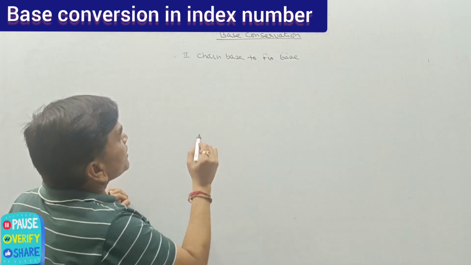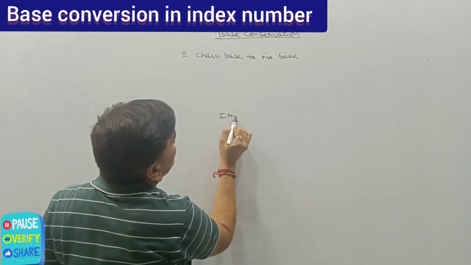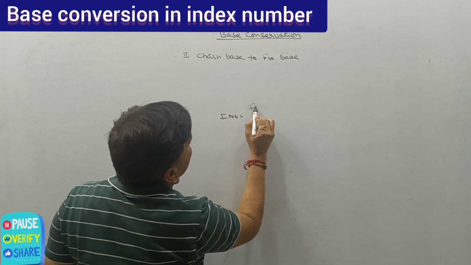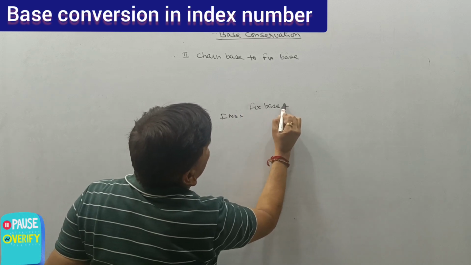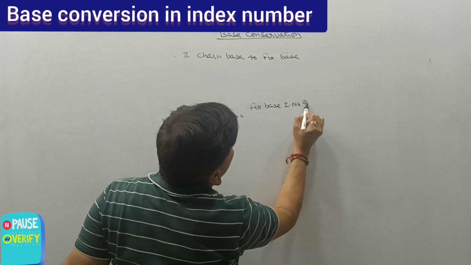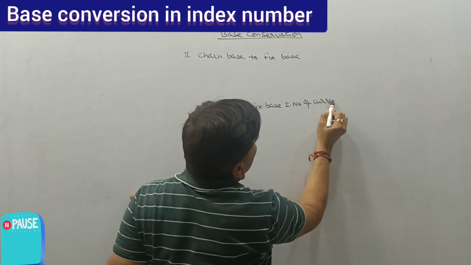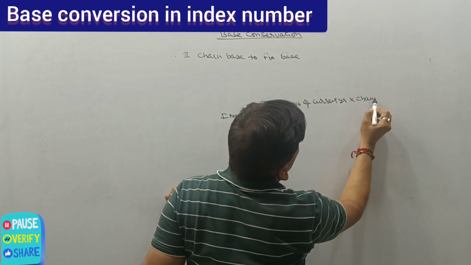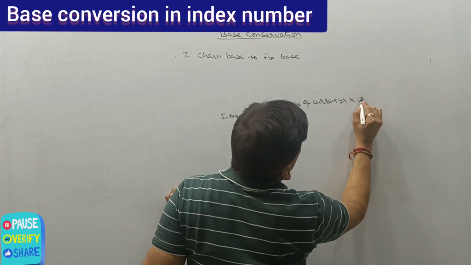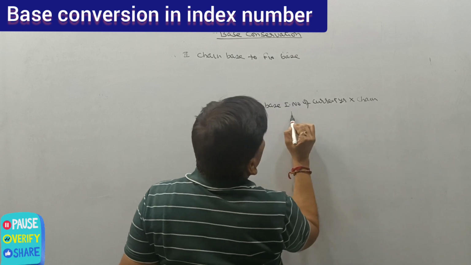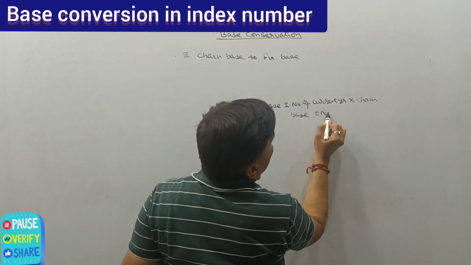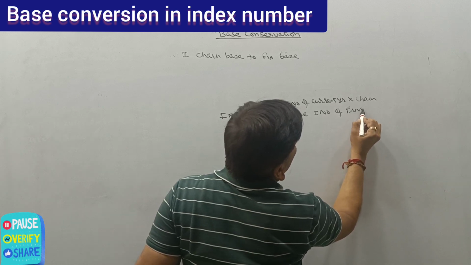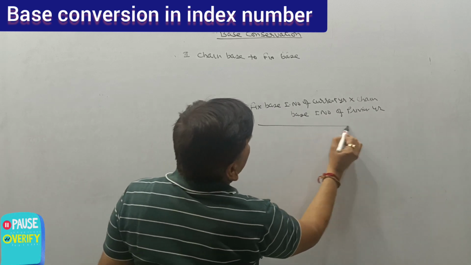Now for chain base to fixed base: the fixed base index number of the current year is the chain base index number of the current year multiplied by the fixed base index number of the previous year, divided by 100.